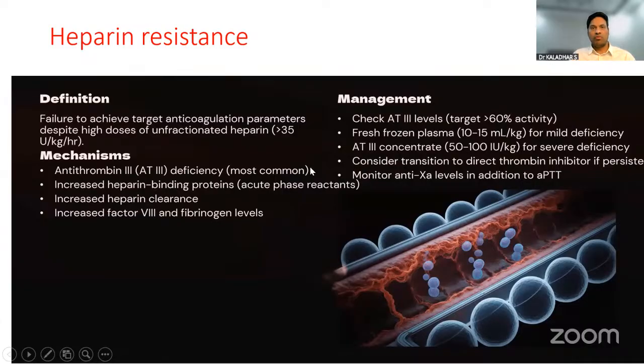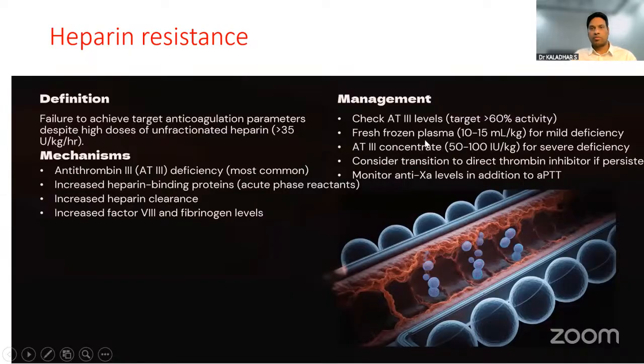So how do we tackle it when we get antithrombin 3 levels and antithrombin deficiency is there? Most of the time, empirically, we assume it is possibly antithrombin because that is most common. Generally, the target should be more than 60 to 70%. The paradox is that generally we give FFP, fresh frozen plasma, when there is a coagulopathy.